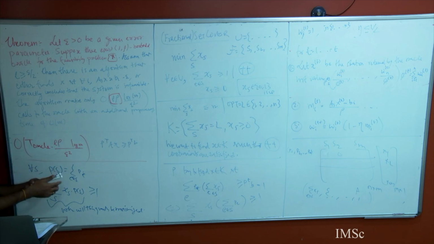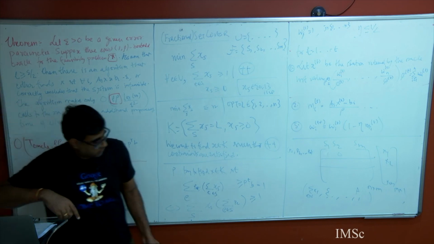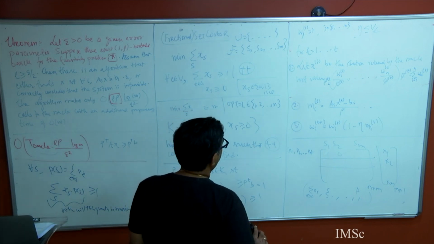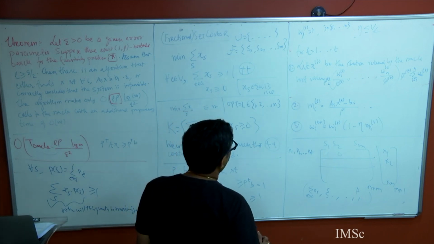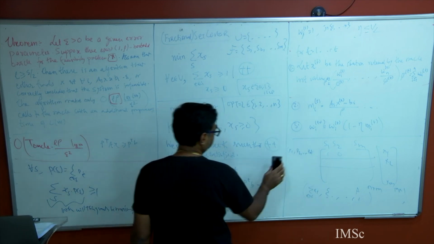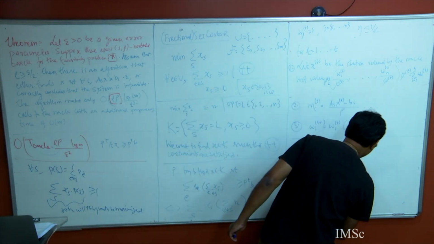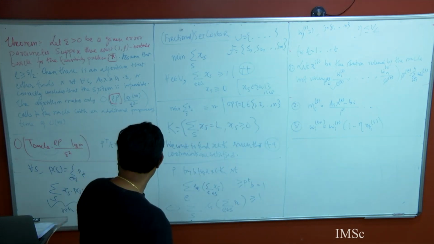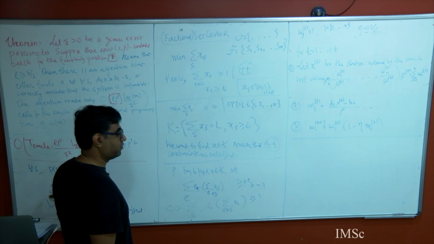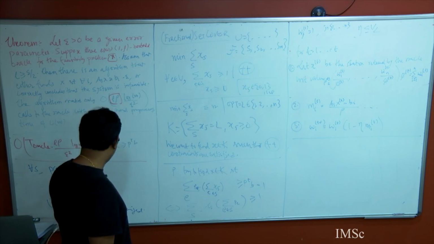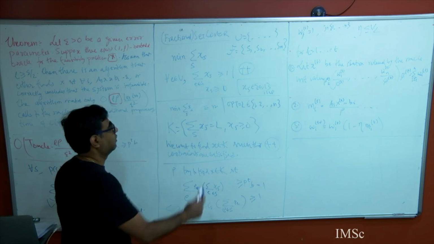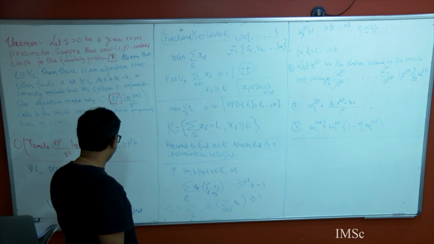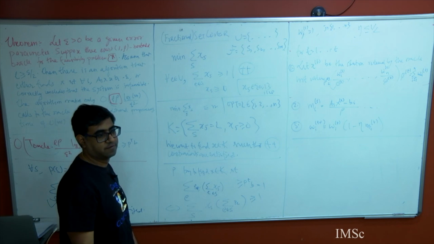Okay, so let's look at this. This now has become some sort of maximization problem, right? Because if I find a maximum value of this, given this constraint, then clearly if that maximum value is strictly less than 1, I can say infeasible.